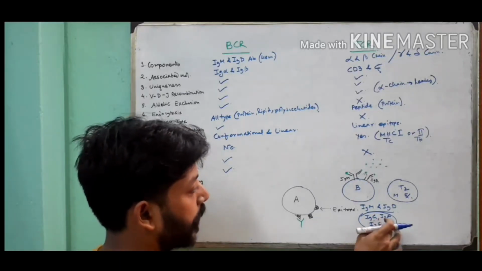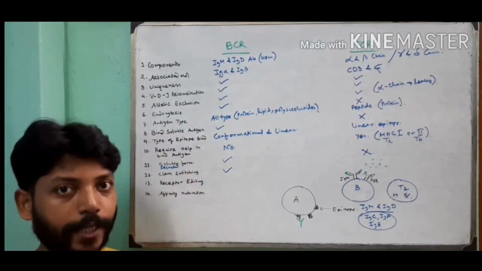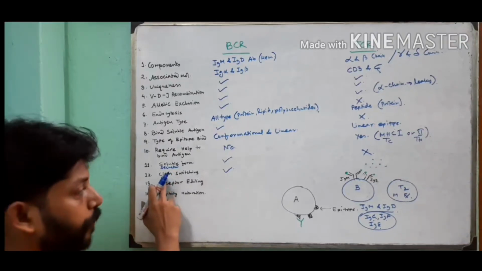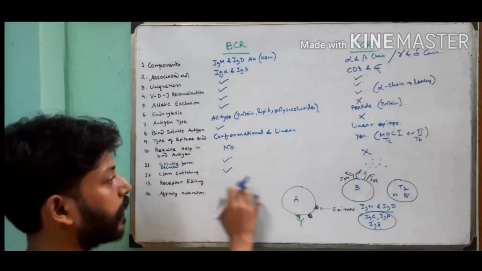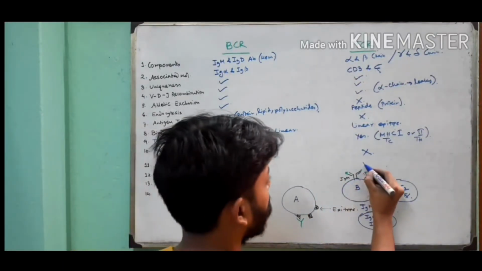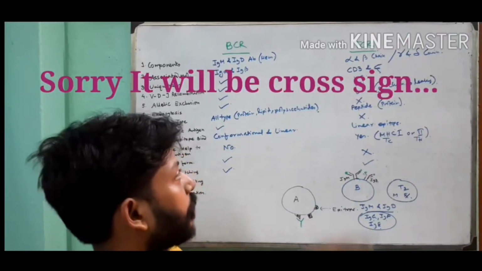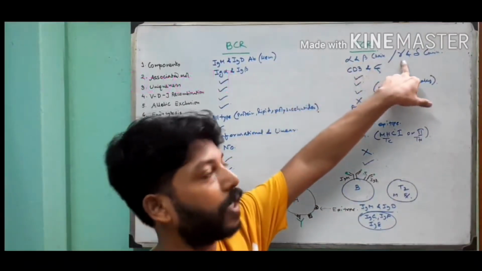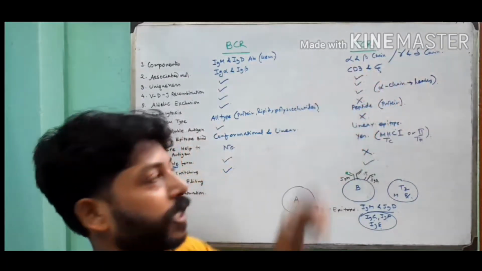So it can switch between IgG, IgA or IgE, changing the class or isotype of the antibody. But in the case of the T cell receptor, they cannot change the isotype. It means if a T cell is expressing alpha beta chain, it cannot switch into gamma delta, and the gamma delta T cell cannot switch to the alpha beta chain.